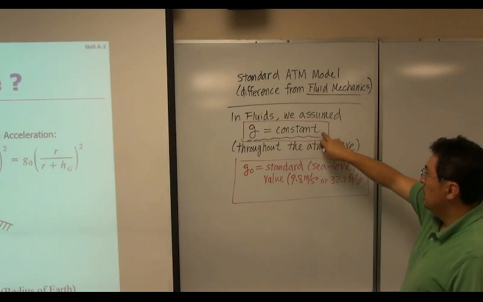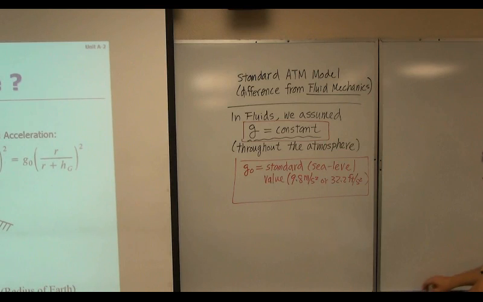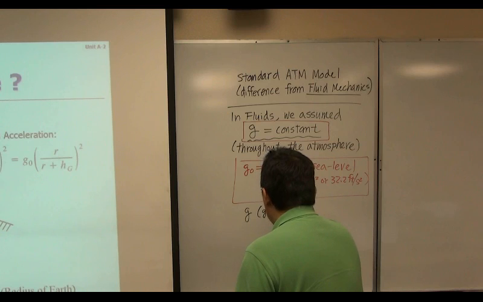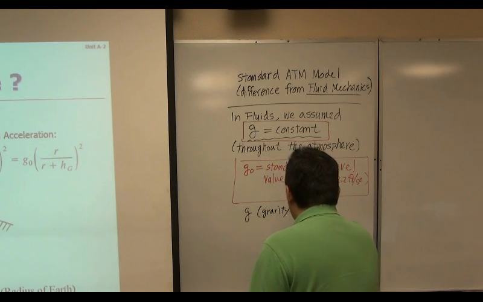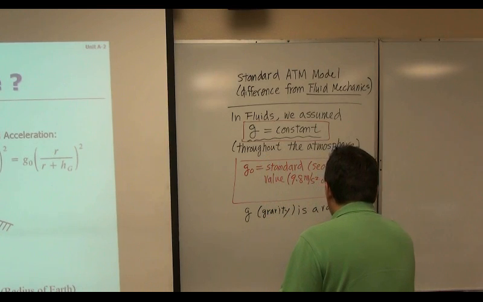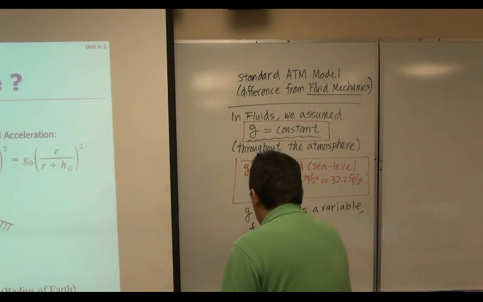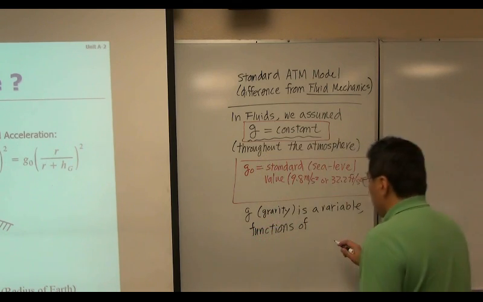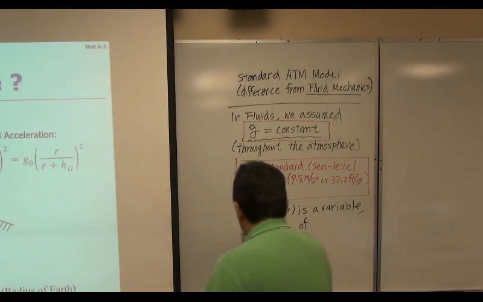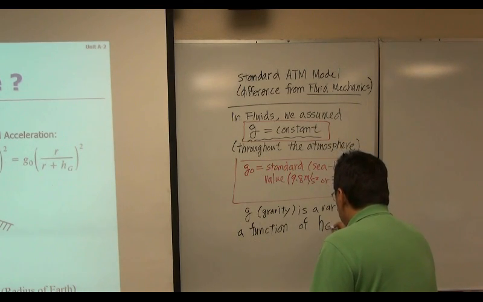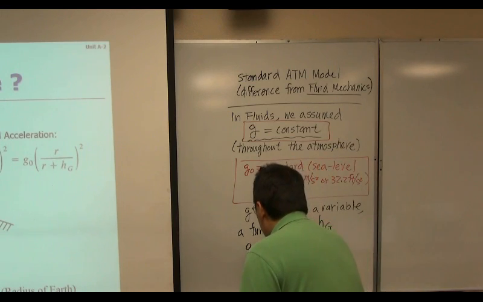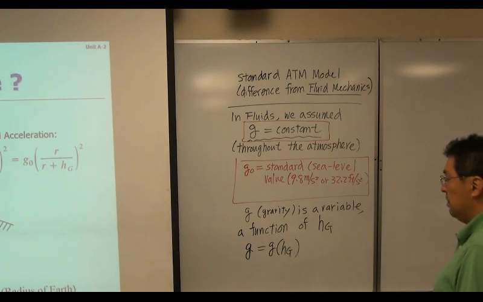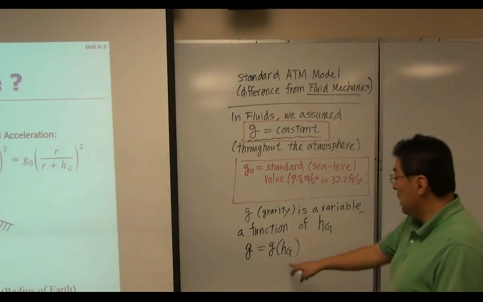However, the gravity is a function of h sub G. Gravity, g, is a variable, not a constant, which depends on, a function of, h sub G. So gravity is not constant, but rather gravity depends on h sub G. It just keeps decreasing as you increase h sub G.